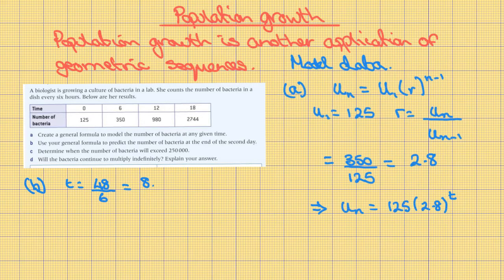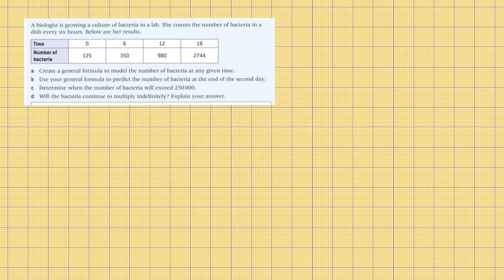We can now substitute T is 8 into the formula. So the number of bacteria, N, is equal to 125 times 2.8 to the power of 8, which is equal to 472,252 bacteria to the nearest bacteria.